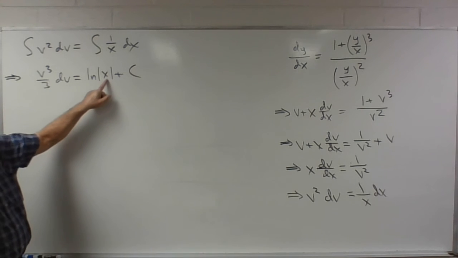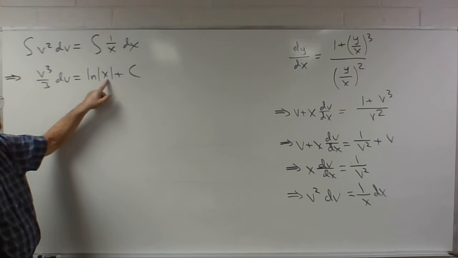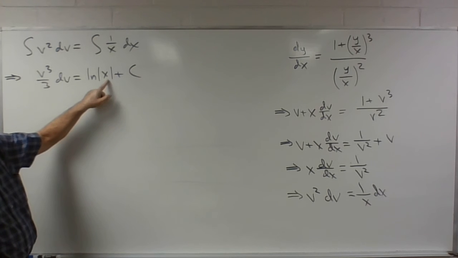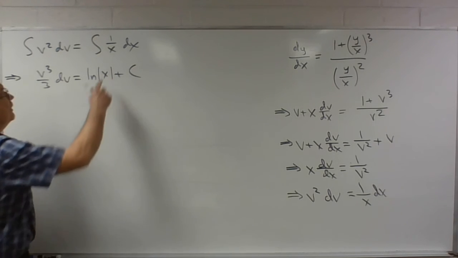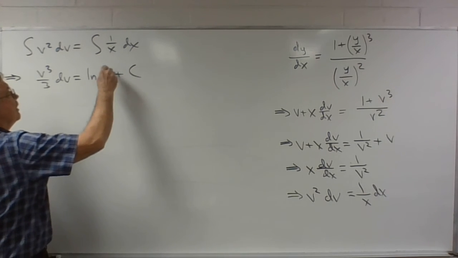And again, I assume that x and y were greater than 0, so I can trash the absolute value bars.